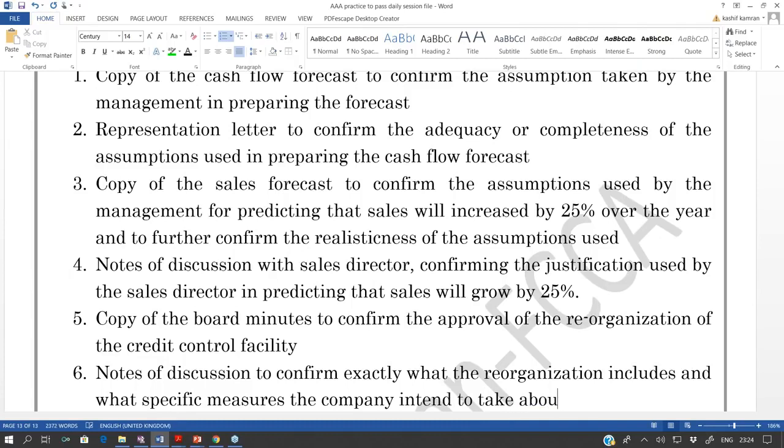What they think about reorganization, how they would be going about it, what steps they will be taking.